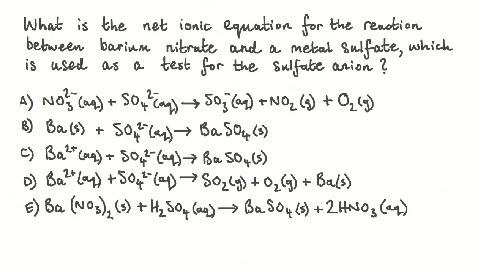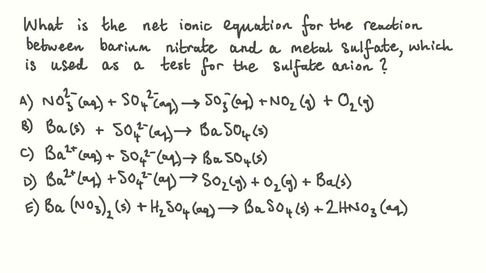What is the net ionic equation for the reaction between barium nitrate and a metal sulfate, which is used as a test for the sulfate anion? A: NO3 aqueous plus SO4 aqueous gives SO3 aqueous plus NO2 gas plus O2 gas. B: Ba solid plus SO4 aqueous gives BaSO4 solid.